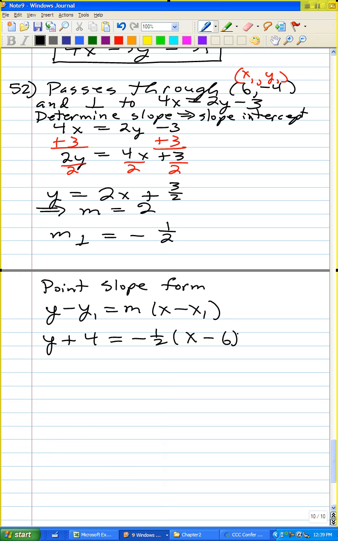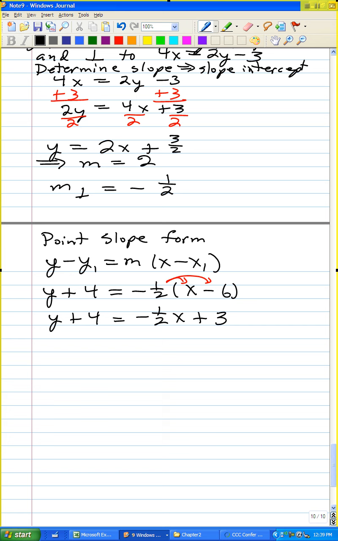Let me multiply the -1/2 inside the parentheses. And so I have y plus 4 equals -1/2 x. Negative and negative become positive. 6 divided by 2 is 3.